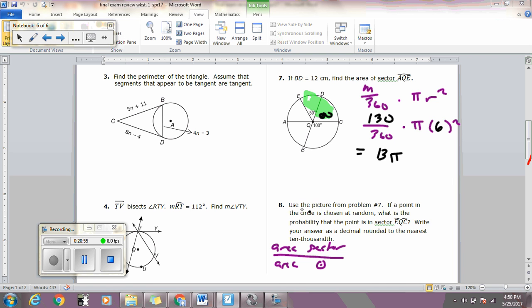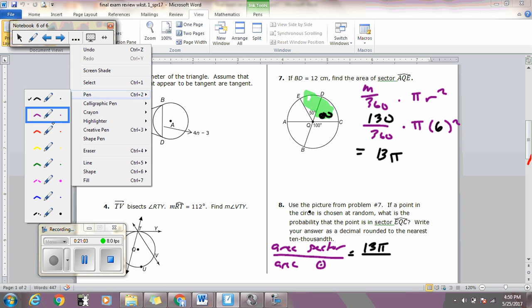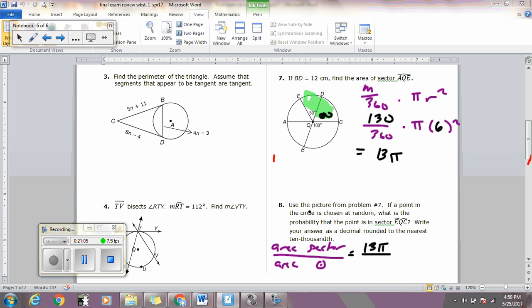Now we need to find the area of the entire circle. The formula for the area of a circle is equal to pi radius squared, which would be pi 6 squared. And in terms of pi, that would be 36 pi.